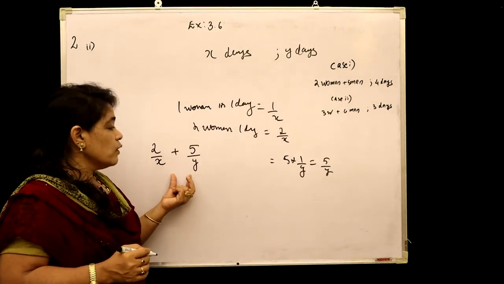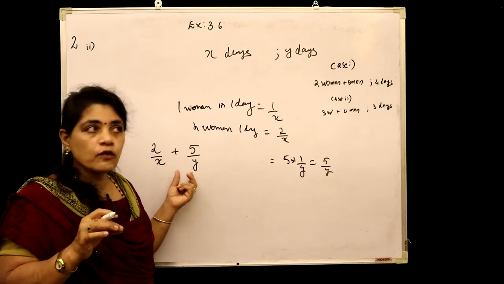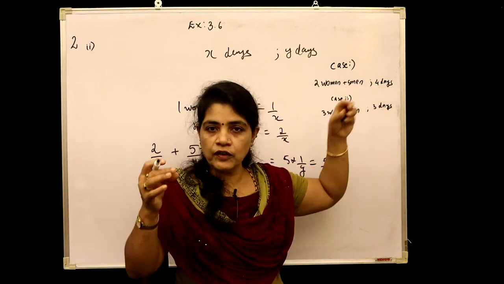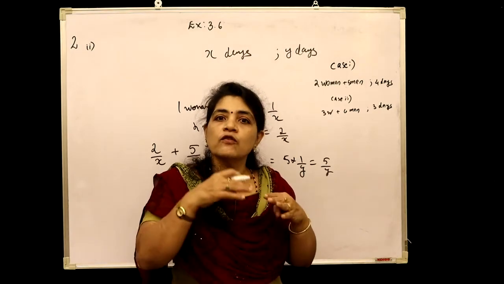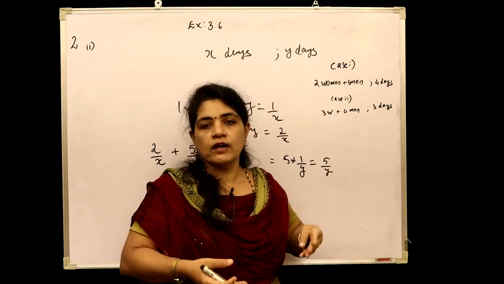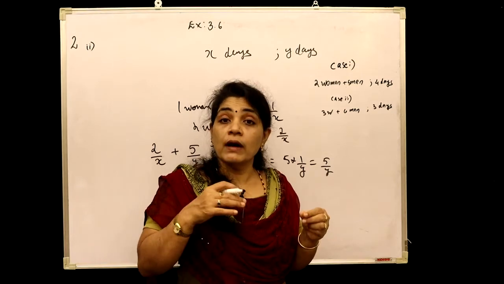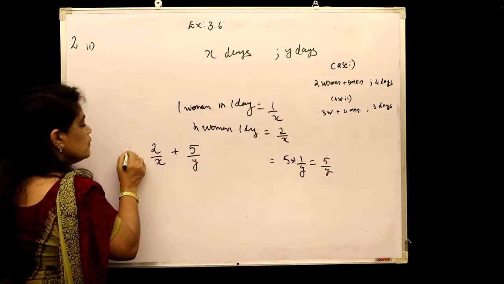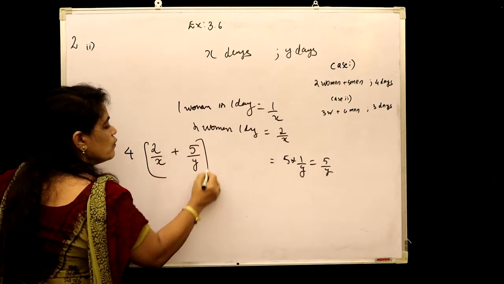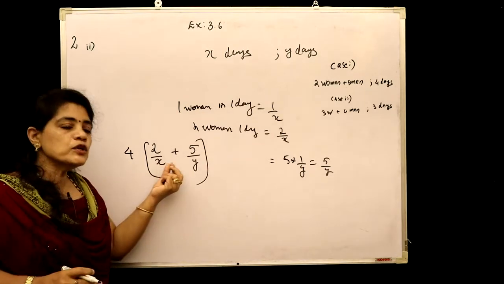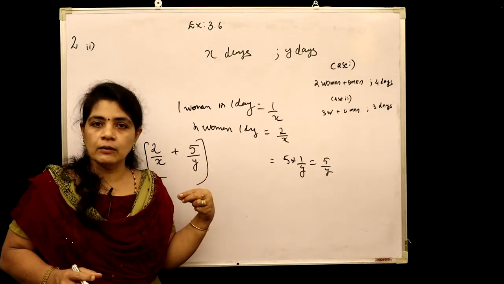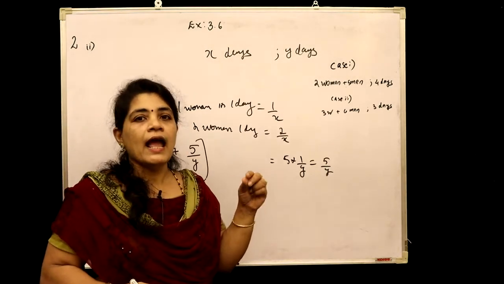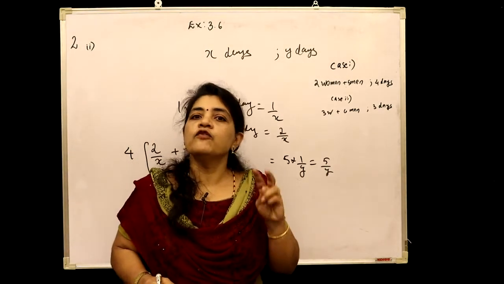Understood? They worked for 4 days to finish the embroidery work. In all the 4 days there were 2 women and 5 men, so we have to multiply this quantity by 4. What is this, children? 4 into (2/x plus 5/y) is the work done by 2 women and 5 men in 4 days.